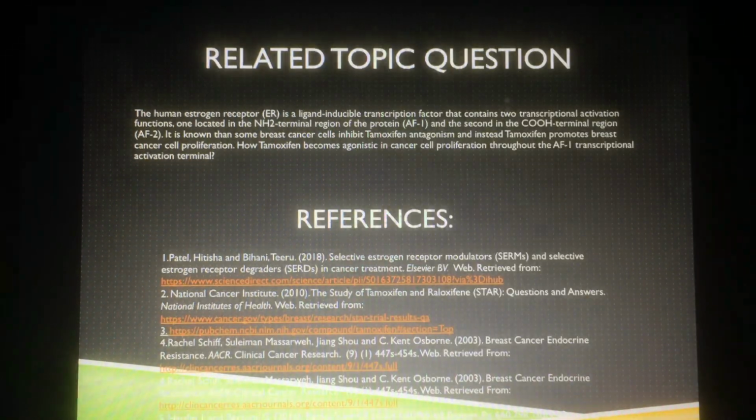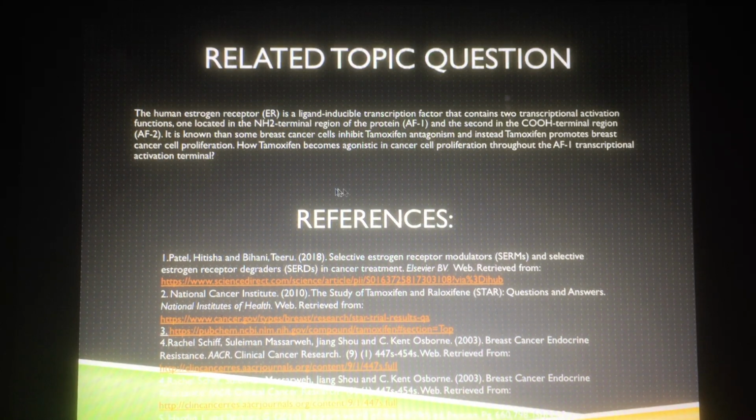So a related topic question: the human estrogen receptor ER is a ligand-inducible transcription factor that contains two transcriptional coactivator functions, one located at the N-terminal region of the protein in the AF1 region, and the second in the C-terminal region, known as the AF2.